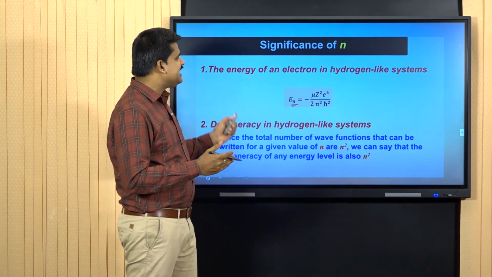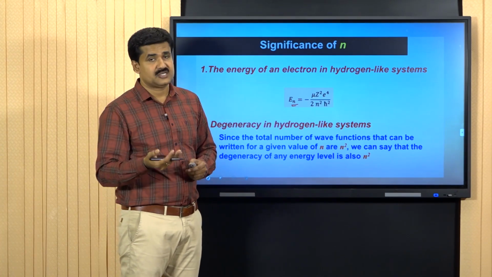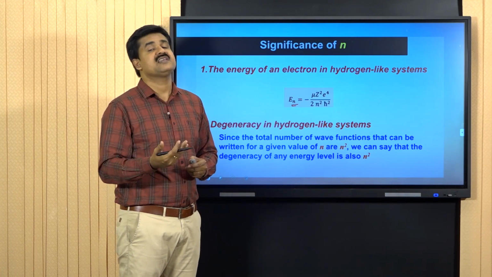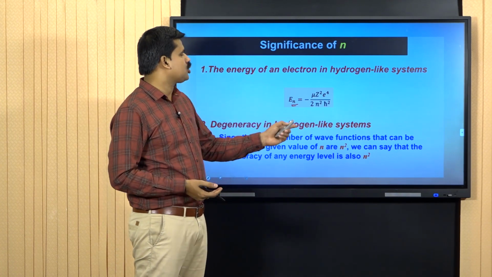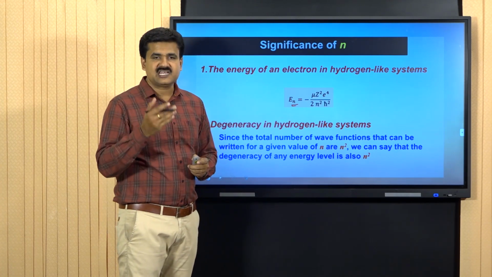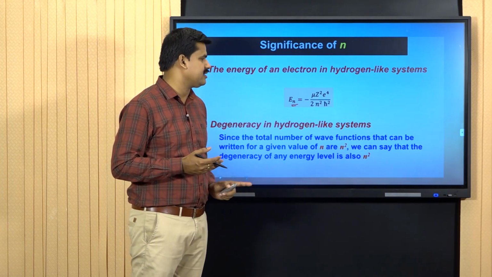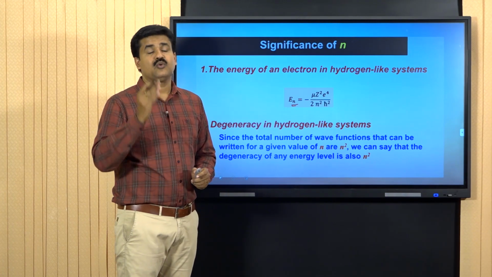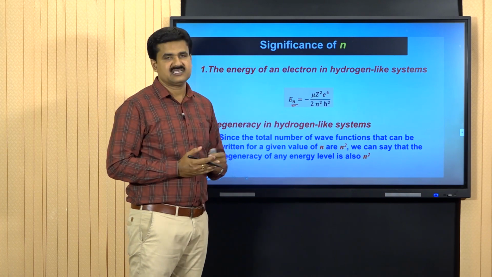So, degeneracy in hydrogen-like systems is also connected to the principal quantum number n. This is another significance of the principal quantum number n. Since the total number of wave functions that can be written for a given value of n is n square, we can say that the degeneracy of any energy level is also n square.